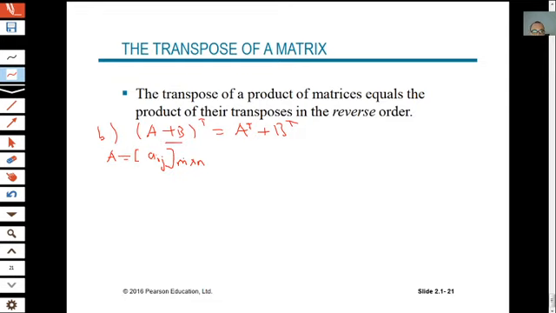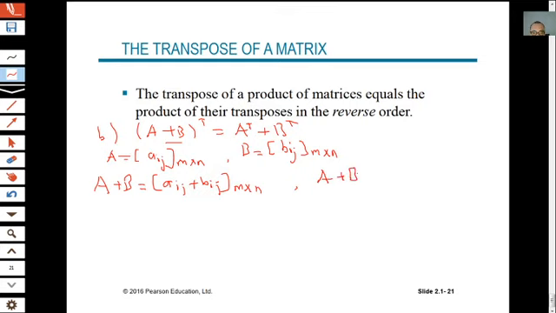So to define the sum, B is also an n by n matrix, Bij, n by n, and A plus B is equal to the addition of the entries, Aij plus Bij, n by n, and the transpose of the addition will be equal to, namely, we will have an n by n matrix.